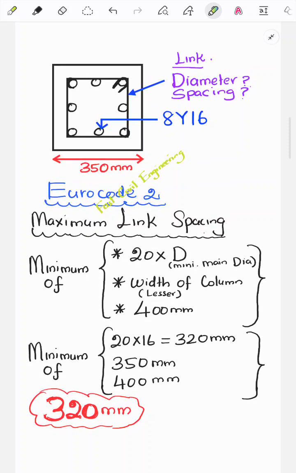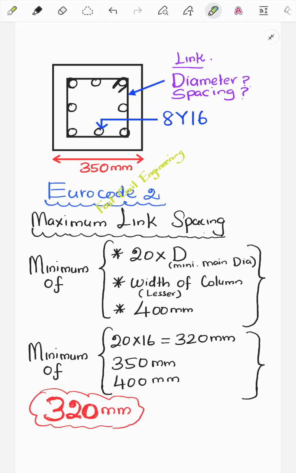Maximum link spacing according to the Eurocode 2. The minimum of three values. Number 1, 20 times the minimum longitudinal bar diameter. Our main bar is 16 mm, so 16 into 20 is equal to 320 mm. Second, lesser dimension of the column. Our column is square, so the lesser dimension is 350 mm.